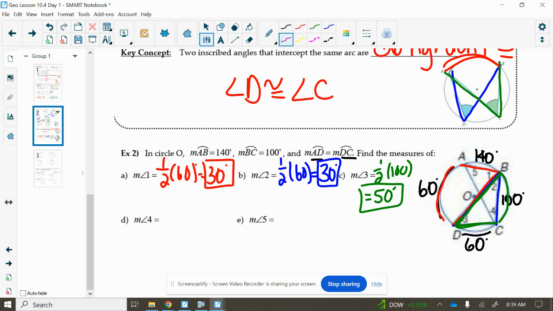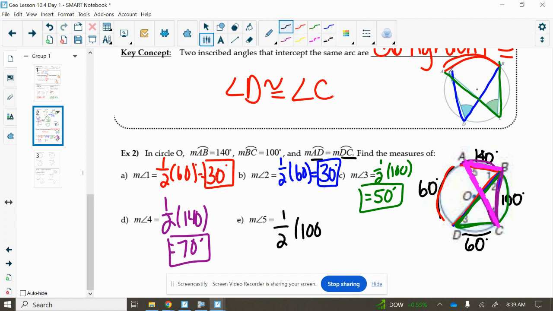Last two then, as we trace it out, angle 4 opens up onto this 140-degree arc, so half of 140 is 70 degrees. And then last but not least, angle 5 is right here. Angle 5 opens up onto the 100-degree arc as well. Half of 100 would be 50. So I highly recommend tracing out so you can see where your angles open up onto.